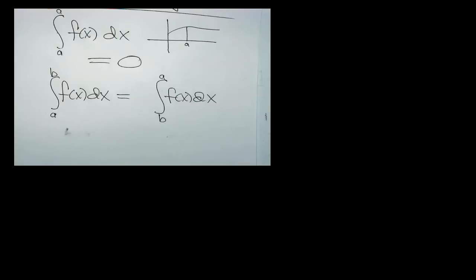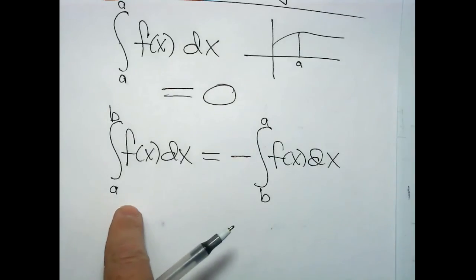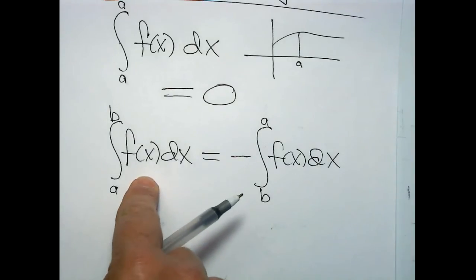Whether you paint under the curve from a to b or you paint from b to a, what should be the difference? You will get the same numerical area. But when you do it the wrong way, in the opposite direction, the area actually changes sign.